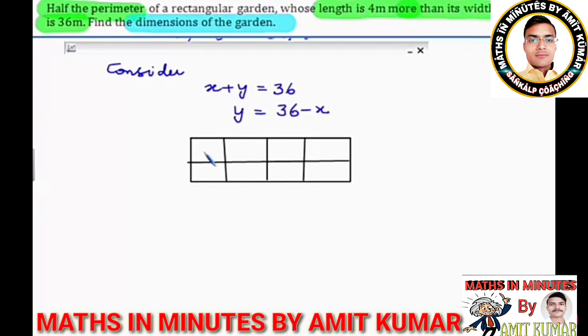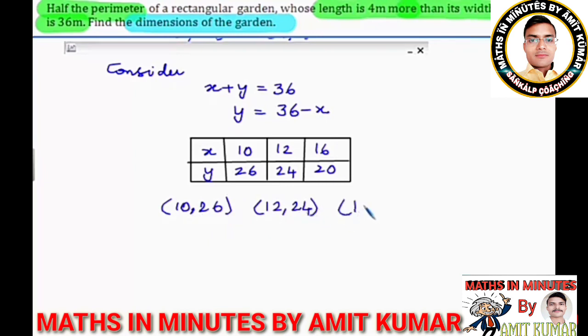Putting x is equal to 10, then y will be 36 minus 10, 26. Putting x is equal to 12, then y will be 36 minus 12, 24. Putting x is equal to 16, then y will be 36 minus 16, it's 20. The coordinates are 10 comma 26, 12 comma 24 and 16 comma 20.